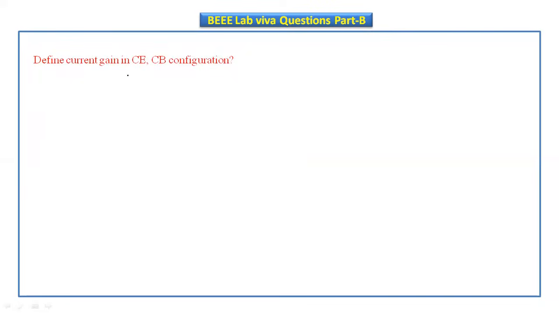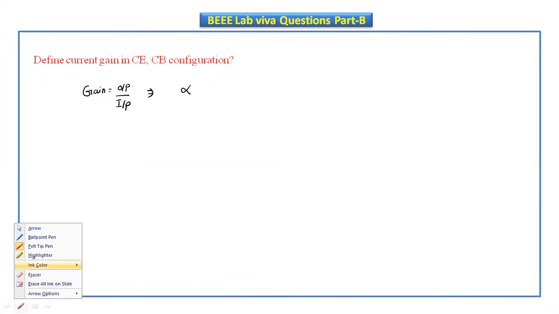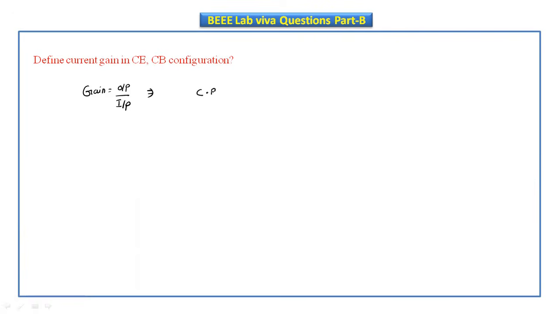Define current gain in the common emitter and common base configuration. See here, generally the gain is denoted by output quantity divided by input quantity. That is called as a gain. The current gain of common base is denoted by alpha.